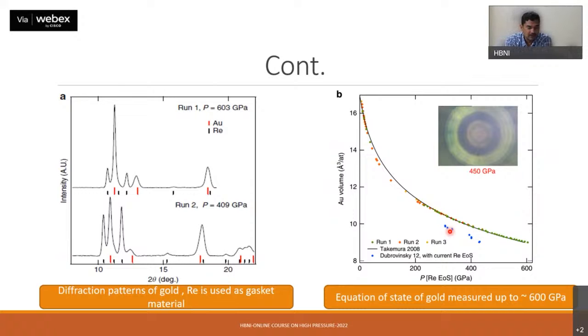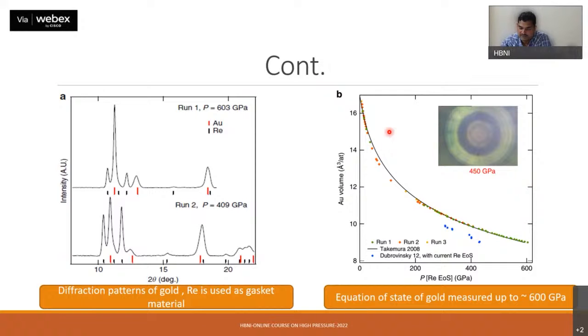So what they have done, they have studied gold inside the rhenium gasket. These different patterns show the gold inside the rhenium gasket. This is a diffraction pattern at 409 GPa, and this is a diffraction pattern at 603 GPa of gold inside the rhenium gasket.